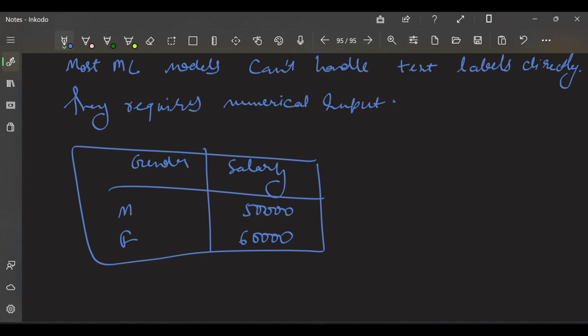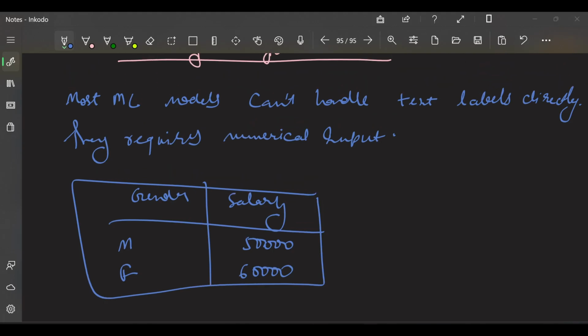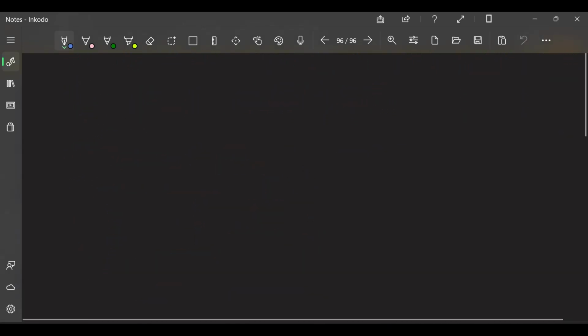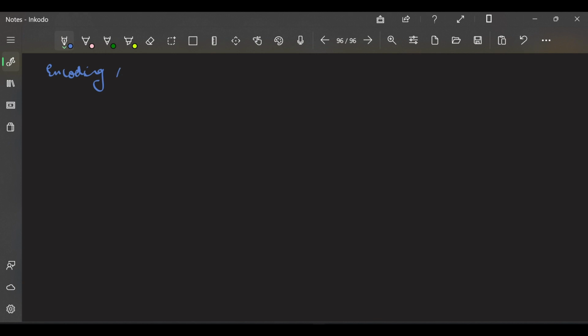The encoding method helps it understand what is male and what is female, and converts it into the numerical format for the model. I hope I am clear. So now we will see what are the methods of encoding.